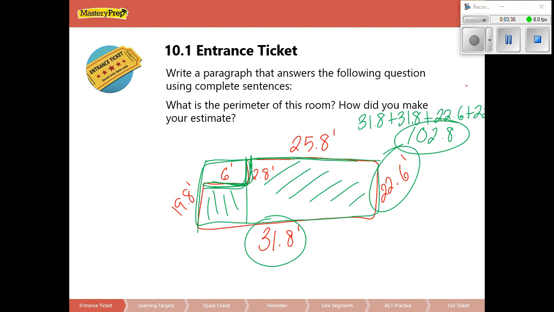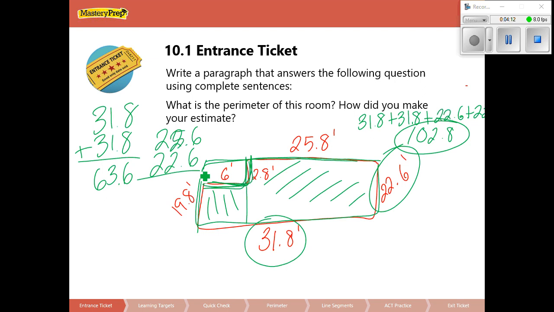Is it 102 or 10, let's see here. Yeah, let's see here. 31.8, 31.8, 6, 3.6, and then 25 or 22.6. 2, carry the 1, 2, 2 is 4, 5.